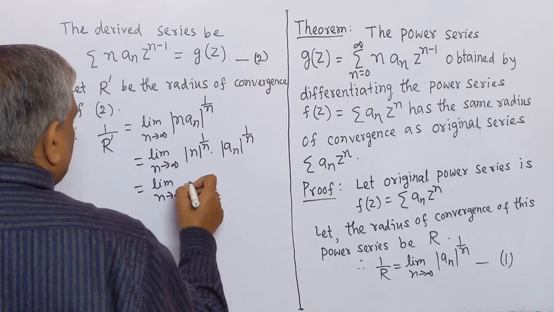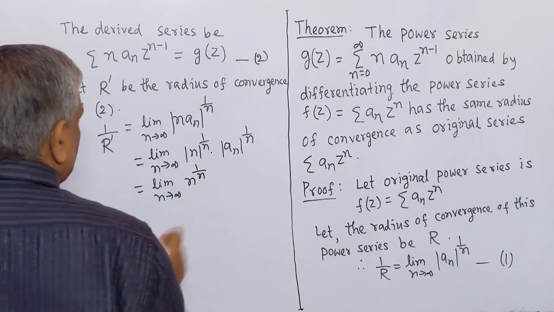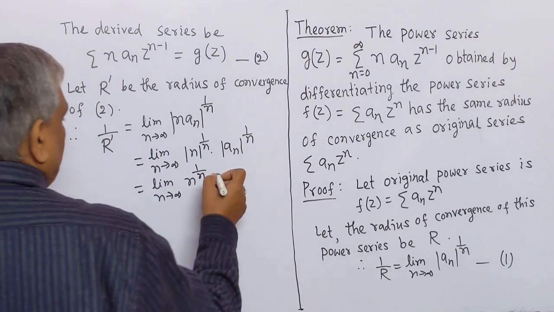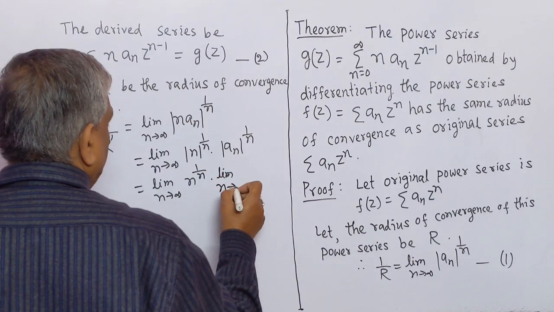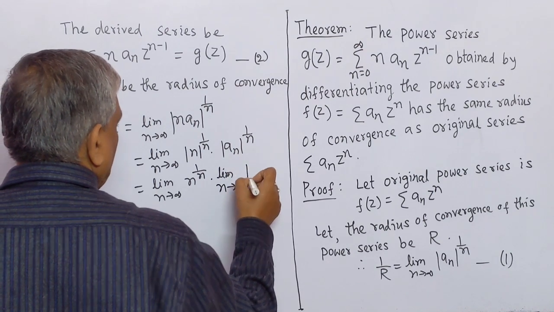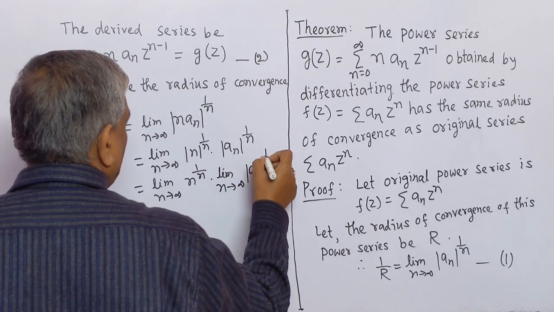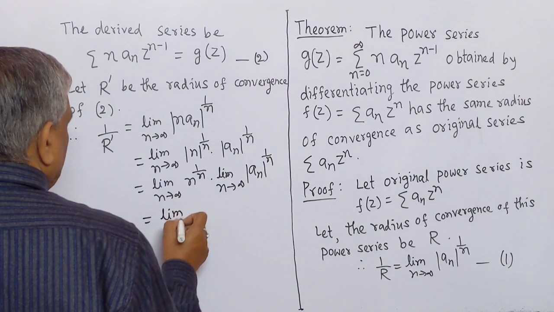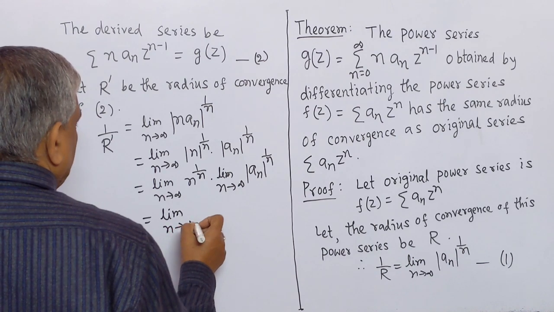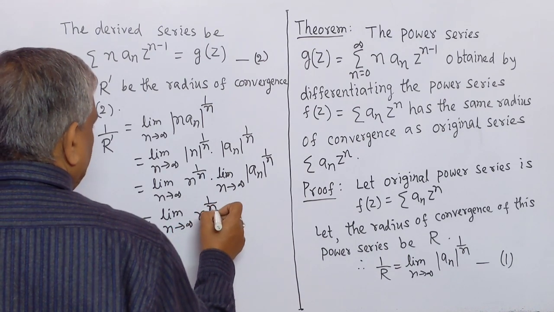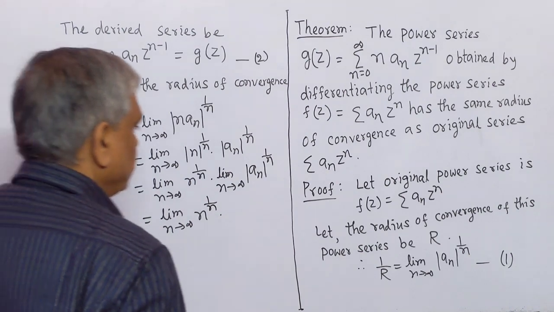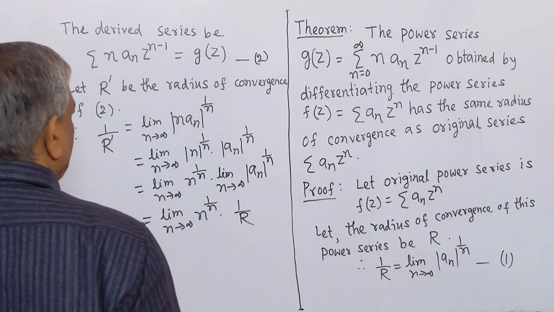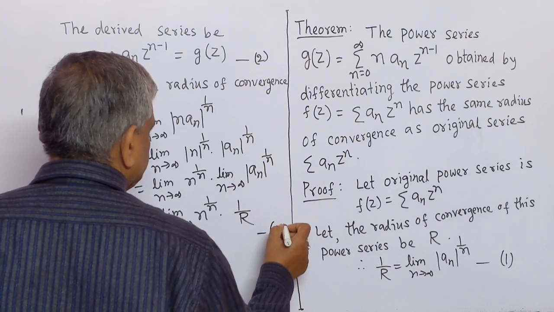We may write this as limit n tends to infinity n^(1/n), since n is non-negative, multiplied by limit n tends to infinity |a_n|^(1/n). This is equal to limit n tends to infinity n^(1/n) multiplied by, using 1, 1/r. Let this be number 3.